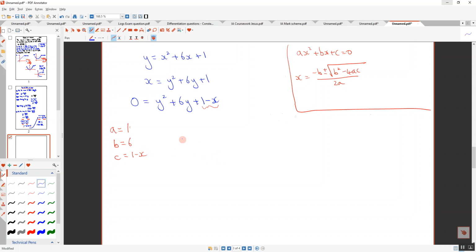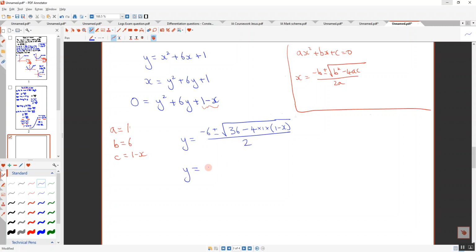This is probably the hardest type of these. So y equals negative b, so negative 6, plus or minus the square root of b squared, which is 36, minus 4 times a times c, which is 1 minus x, all divided by 2a.